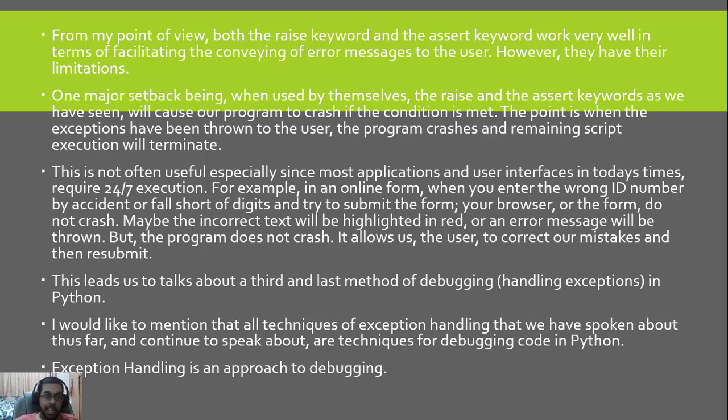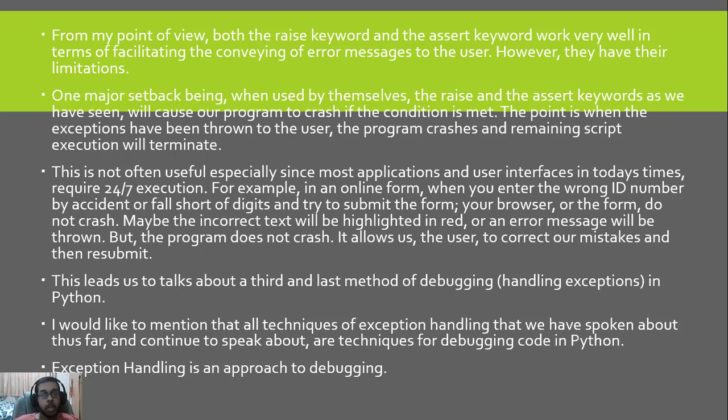For example, in an online form, when you enter the wrong ID number by accident or fall short of digits and try to submit the form, your browser or the form do not crash. Maybe the incorrect text will be highlighted in red or an error message will be thrown, but the program does not crash. It allows us, the user, to correct our mistakes and then resubmit.